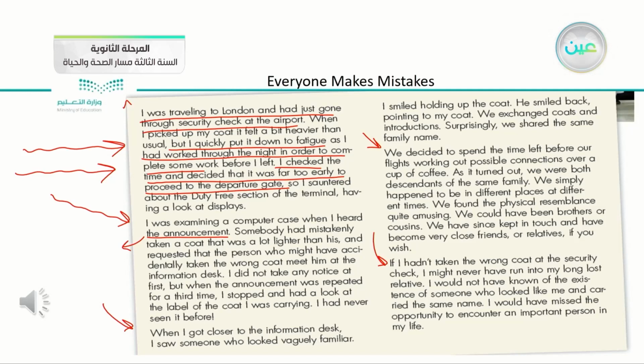For example, here he said, "If I hadn't taken the wrong coat at the security check, I might never have run into my long lost relative. I wouldn't have known of his existence, of the existence of someone who looked like me and carried the same name. I would have missed the opportunity to encounter an important person in my life."